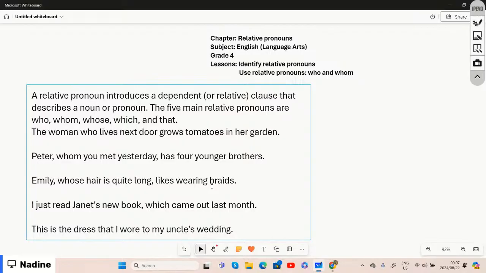A relative pronoun introduces a dependent, or basically a relative, clause that describes either a noun or a pronoun. And there are five main relative pronouns: who, whom, whose, which, and that.